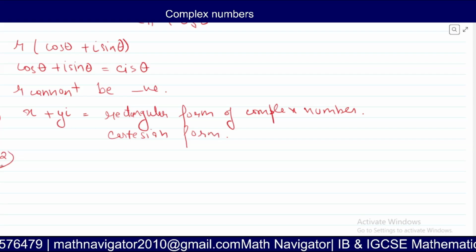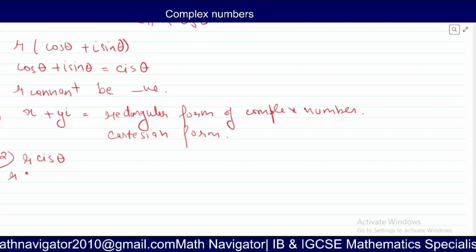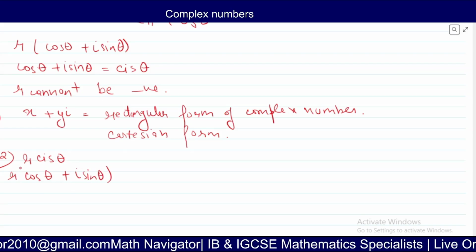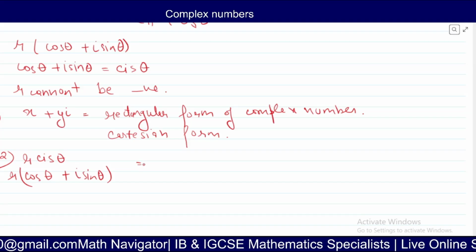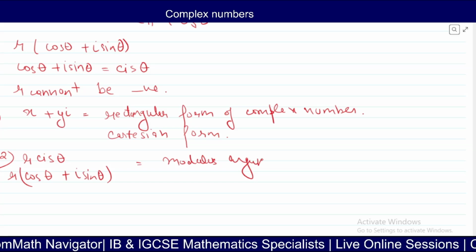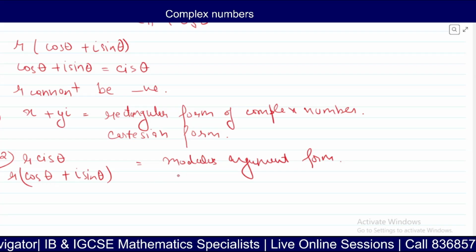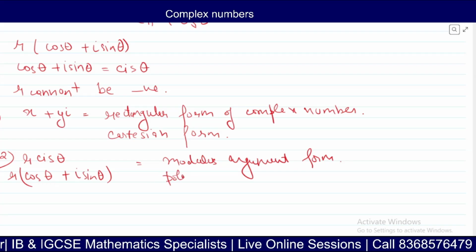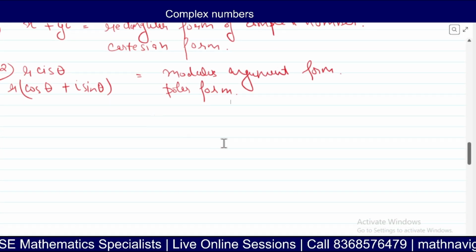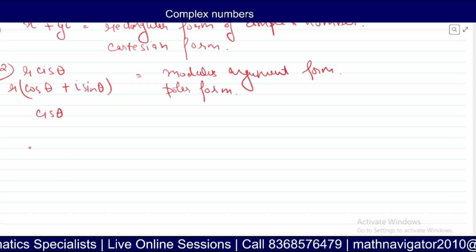And then we have another form which is r cis theta, or r cos theta plus i sine theta. This is called modulus argument form, or polar form. Now we'll talk about the properties of cis theta. Let's say we have two complex numbers.